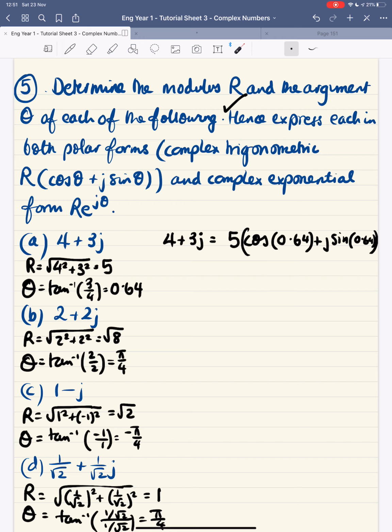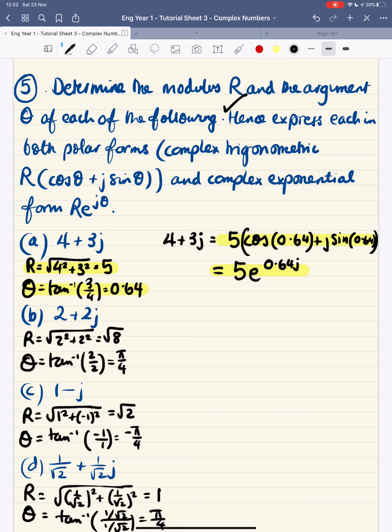No, it's just bringing me back to 4 plus 3j. What on earth was I thinking? Of course it does. So I'm just going to leave it like that, and we can say it's also 5e to the 0.64j. Okay, so that's the r, that's the theta, that's one form, that's the other.